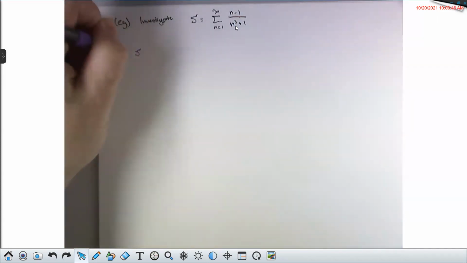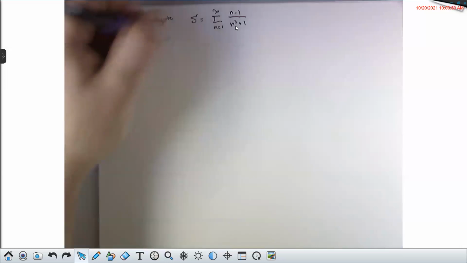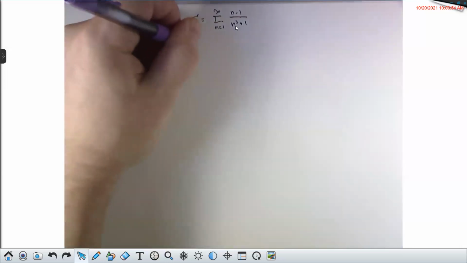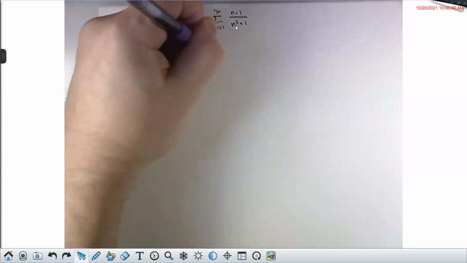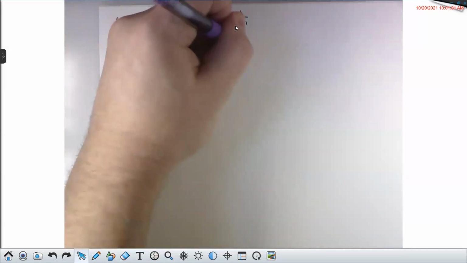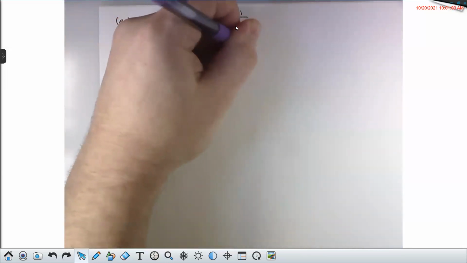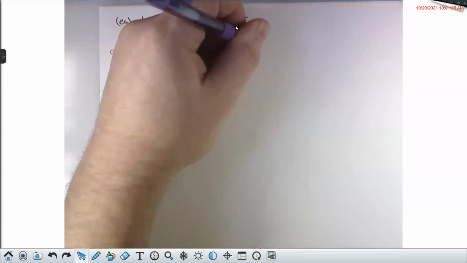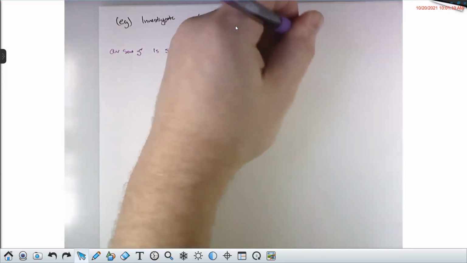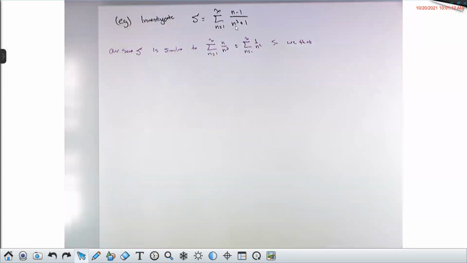So this thing is very similar to our series. S is similar to sigma n from 1 to infinity n over n cubed, which is sigma n from 1 to infinity 1 over n squared. So we think what? Since my series is quite similar to 1 over n squared, do we think my series converges or diverges?